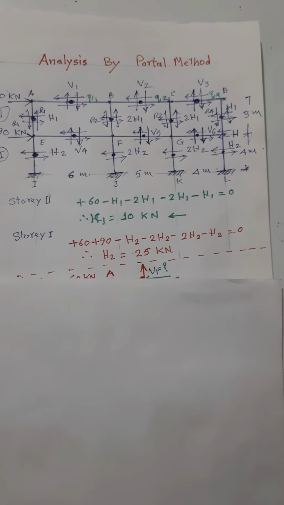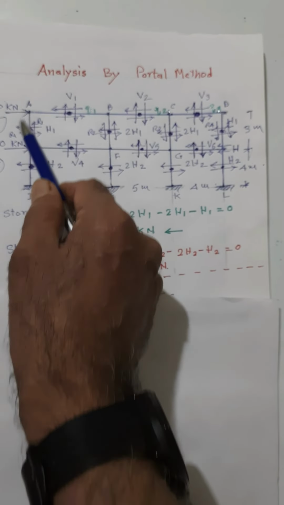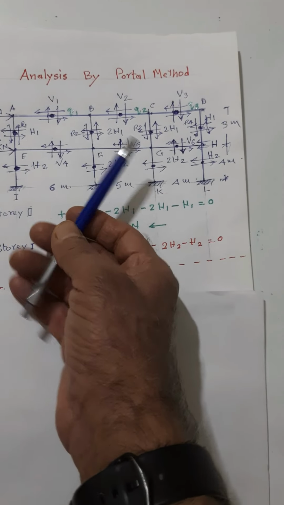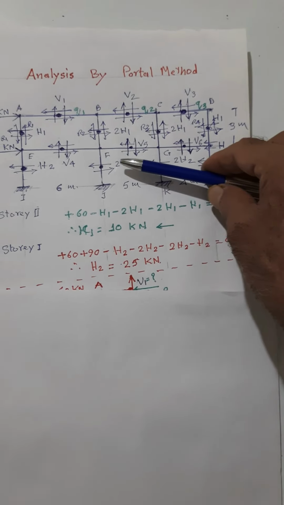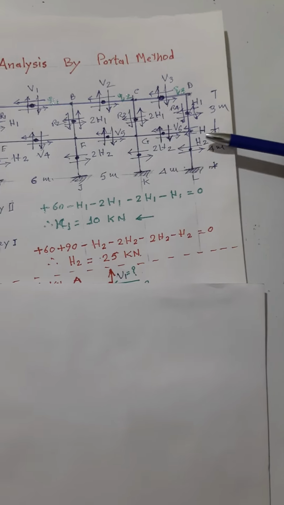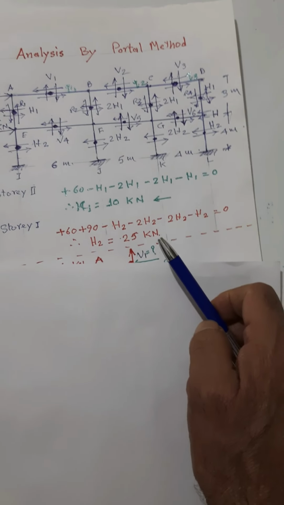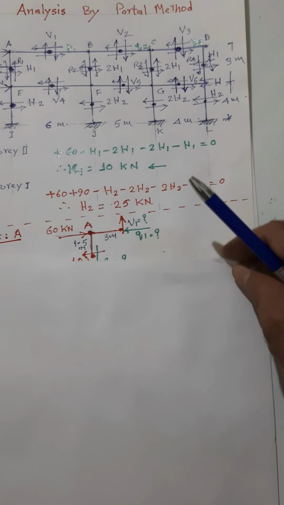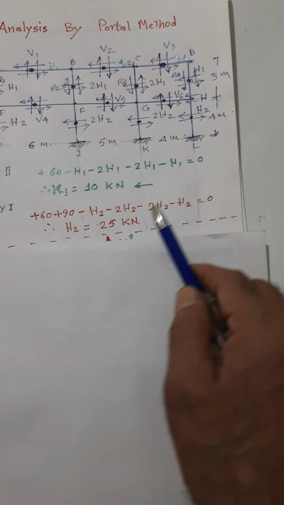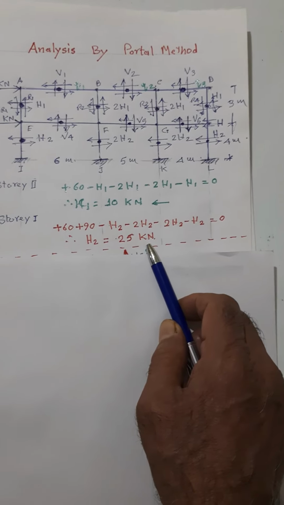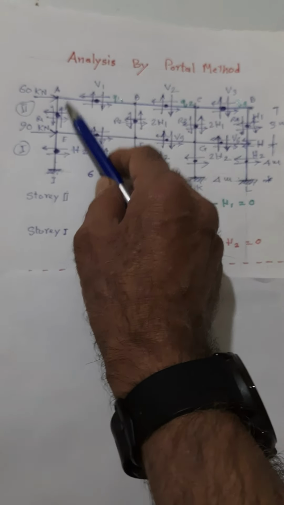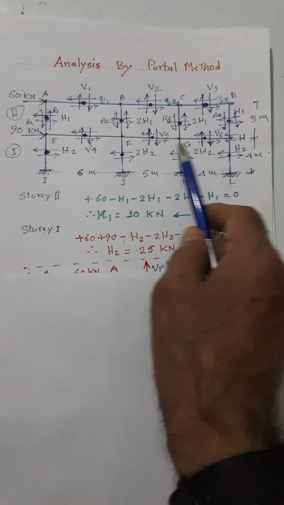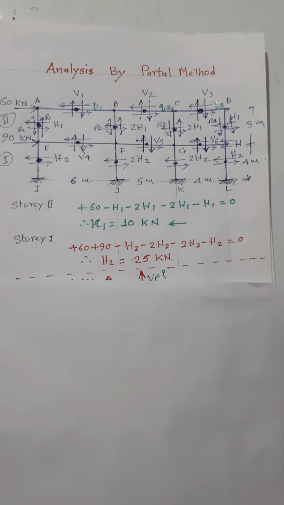We can calculate the value of H2: 60 plus 90 acting in this direction minus H2 minus 2H2 minus 2H2 minus H2 equals 0, and H2 can be very easily calculated. We find that H2 comes out to be 25 kilonewton. So this is 10 kilonewton, this is 20 kilonewton, this is 25 kilonewton, and this is 50 kilonewton.